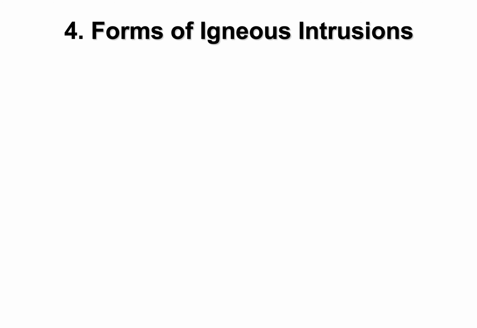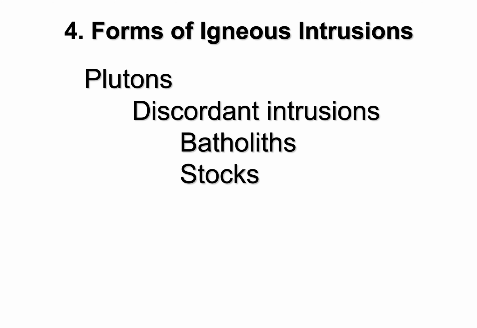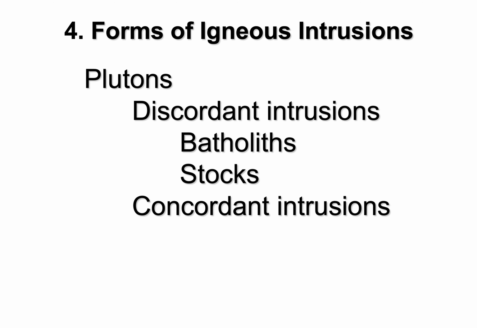Then we have point number 4, where we will now discuss forms of igneous intrusions. We have plutons, we have discordant intrusions, which is a pluton, we have batholiths, we have stocks, and we have concordant intrusions.